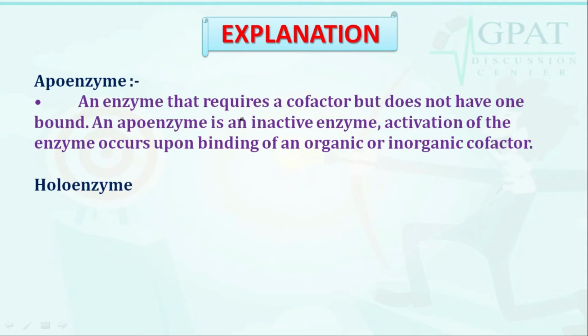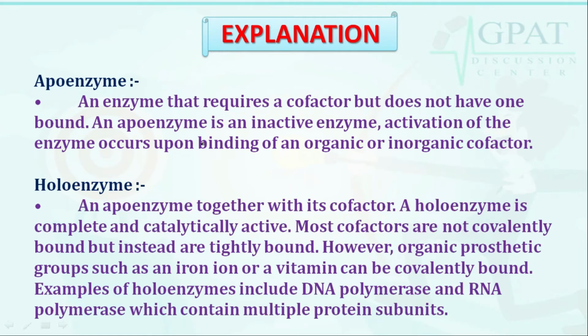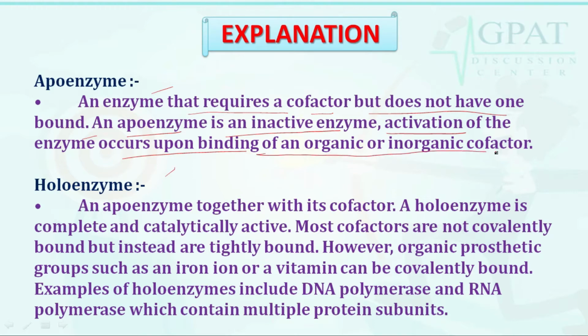And here we have an explanation of apoenzyme and holoenzyme. An apoenzyme is an enzyme that requires a cofactor but does not have one bound. An apoenzyme is an inactive enzyme. Activation of the enzyme occurs upon binding of an organic or inorganic factor, where a holoenzyme is an apoenzyme together with its cofactor, completed and catalytically active.